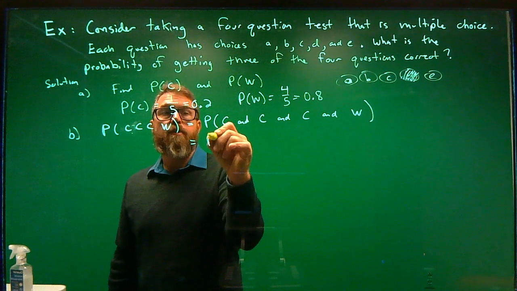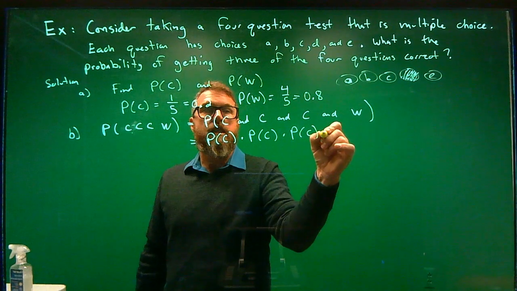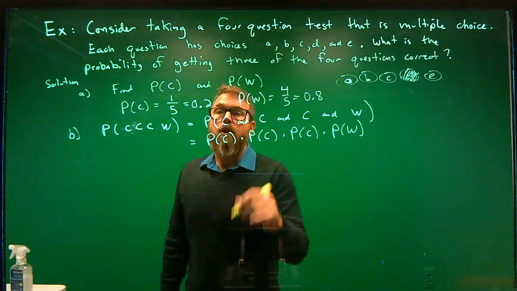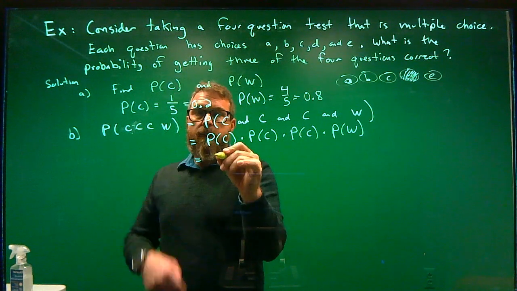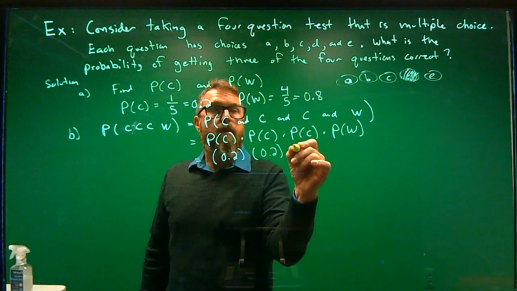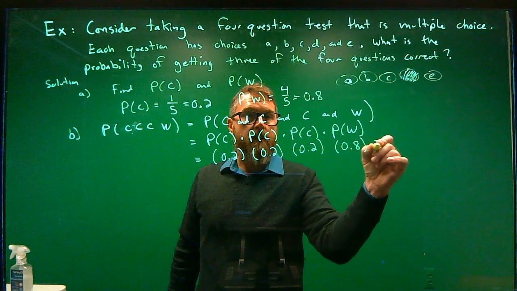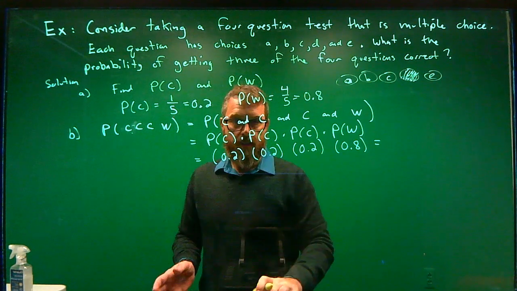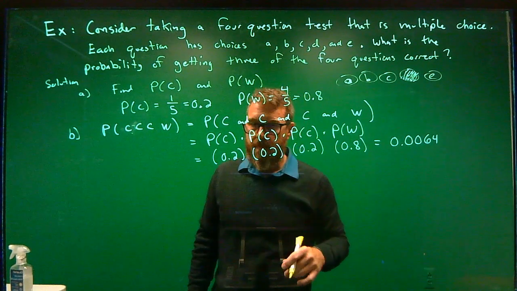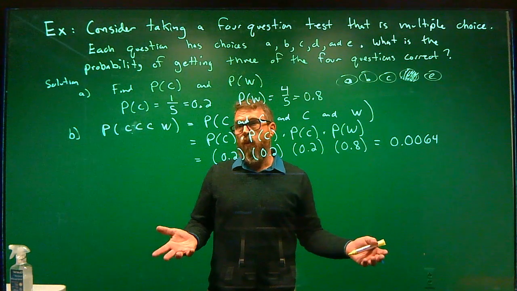So this is going to be the probability of C multiplied by the probability of C multiplied by the probability of C multiplied by the probability of W. The probability of C is 0.2, the probability of C is 0.2, the probability of C is 0.2, and finally the probability of being wrong is 0.8. So this is going to give me, let me calculate this, 0.0064.